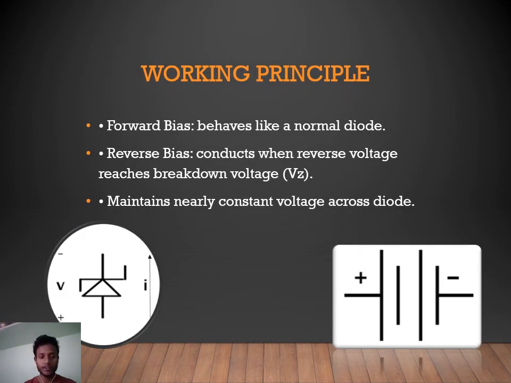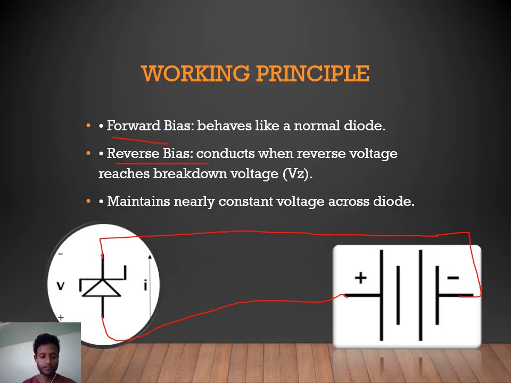Working principle. It conducts in forward bias and reverse bias. In forward bias, the cathode is connected to the negative terminal and the anode is connected to the positive terminal.